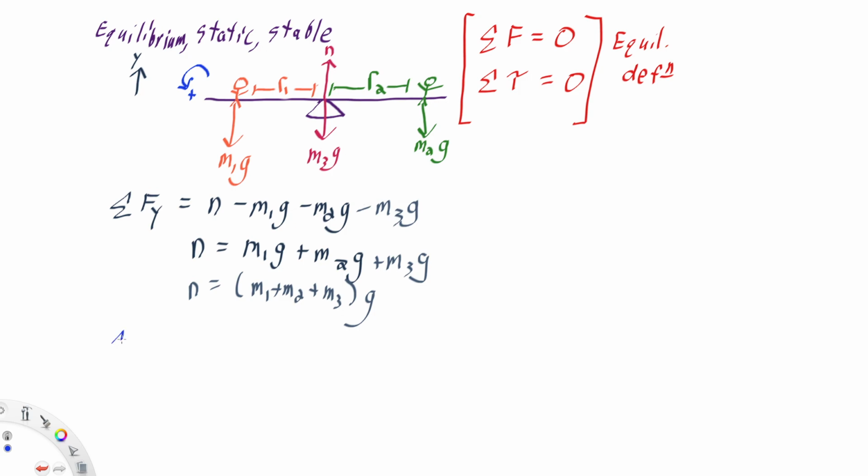So the sum of torques: we have the orange kid exerting a torque proportional to its weight and to the distance it is from the axis of rotation. We also have a similar torque from the green kid, but the green kid would tend to cause this whole seesaw to rotate clockwise. So he's going to be a negative torque.